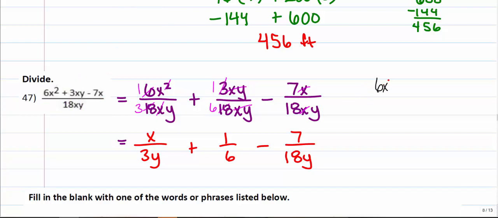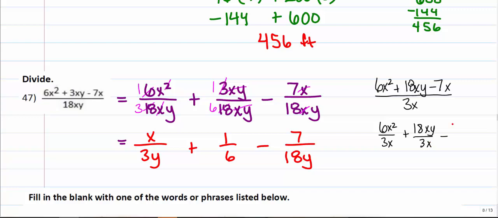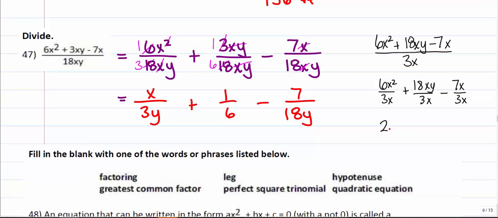If I had 6x squared plus 18xy minus 7x all over 3x, then it would have simplified a lot nicer. Because on this first one, you would have just gotten 2x. Here, you would have gotten 6y, and then minus 7/3. So this is a little bit easier. All right, so that's going to be that one.